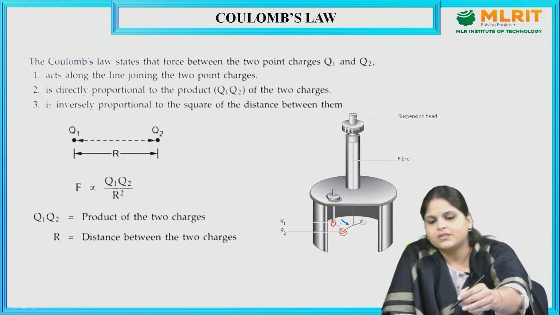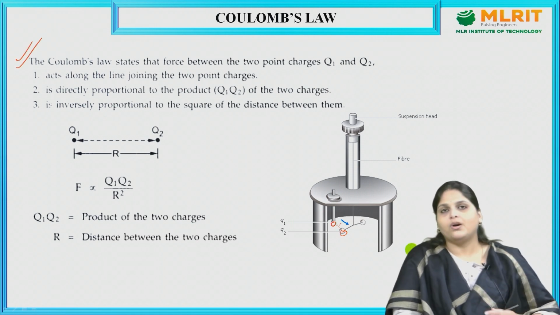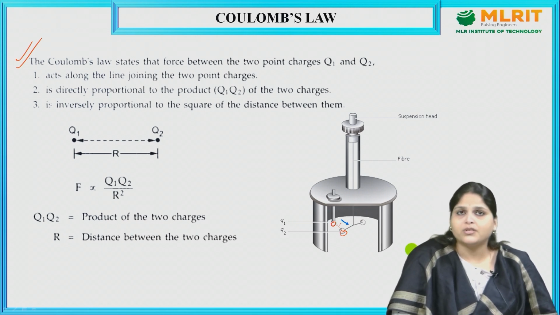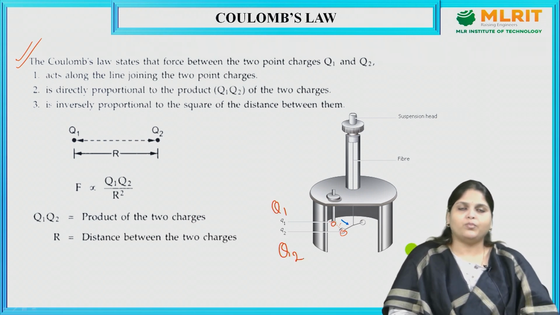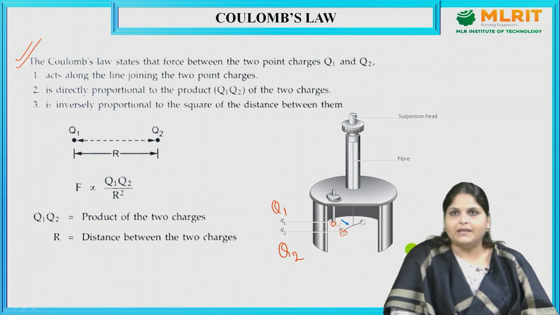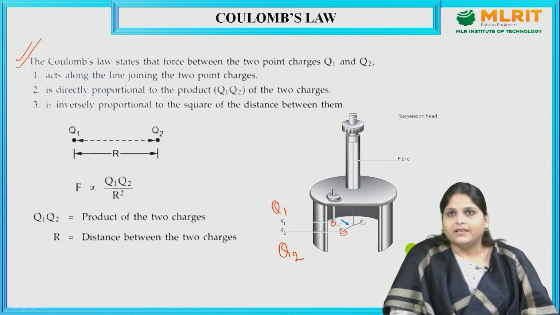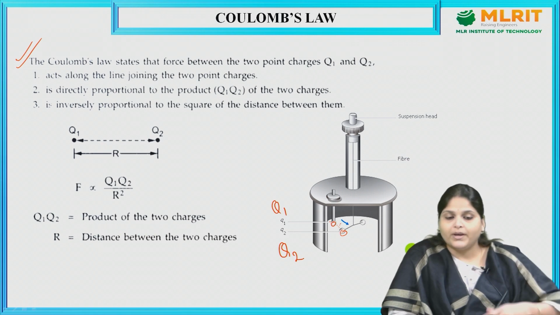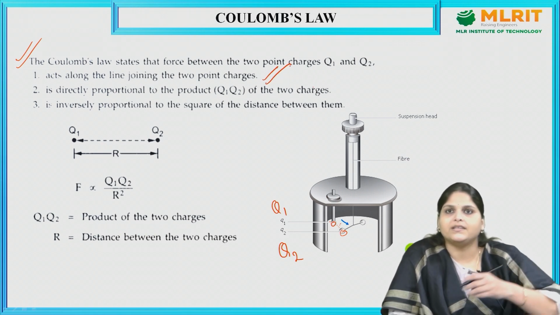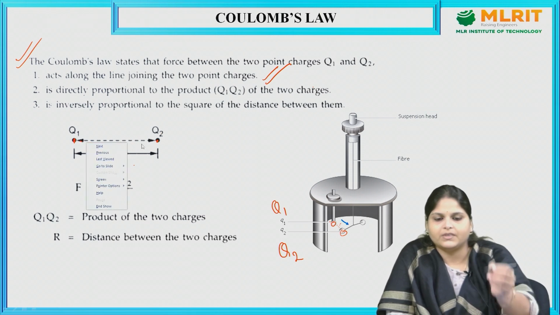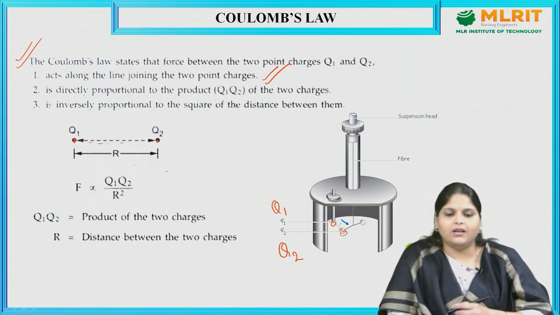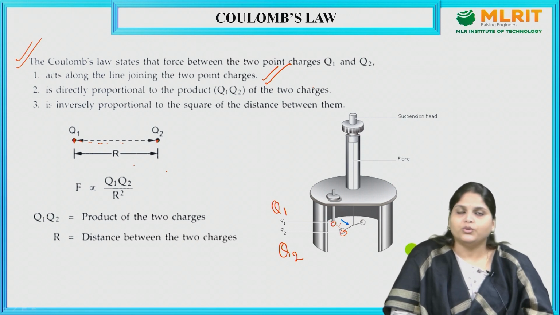So basically, what is Coulomb's law? Coulomb's law states that the force between two point charges, given by Q1 and Q2, acts along the line joining the two point charges.